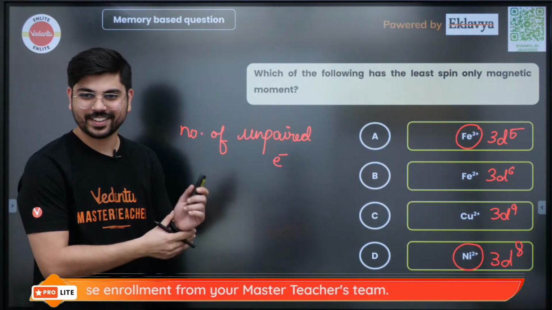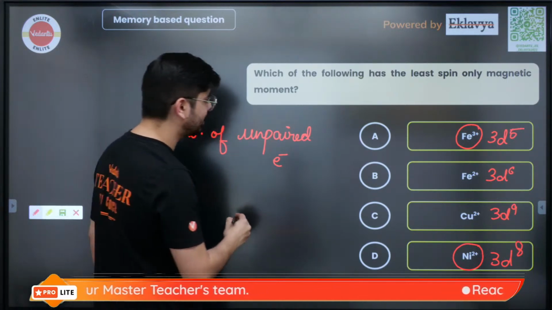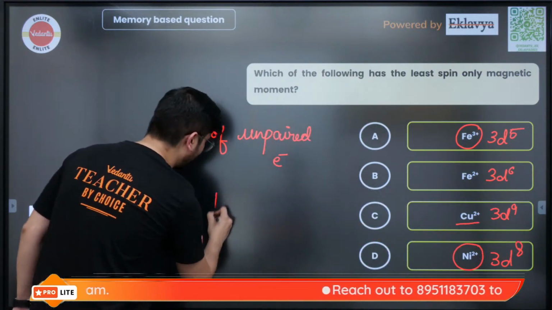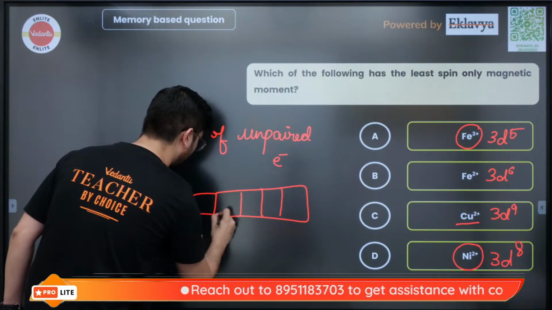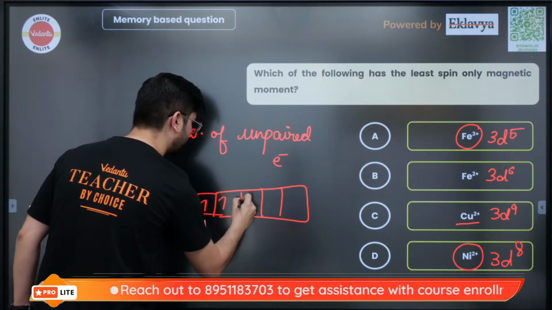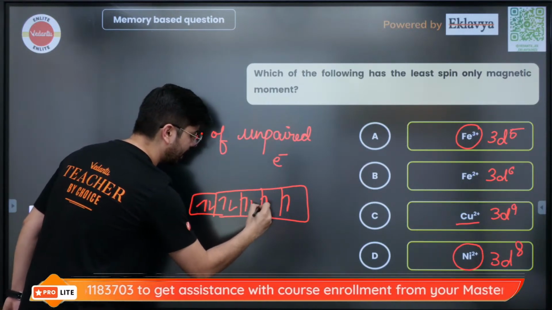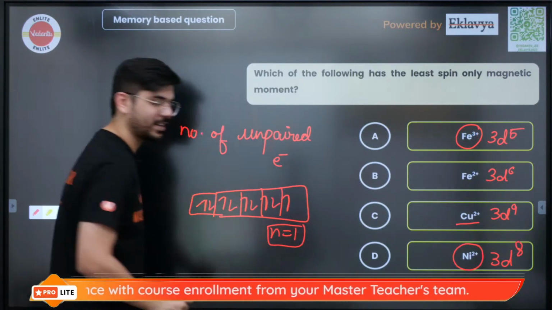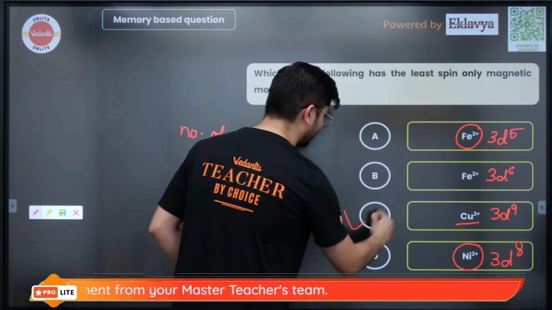What is the answer coming out to be? The answer comes out to be Cu+2, because if I fill 9 electrons, 1, 2, 3, 4, 5, 6, 7, 8, 9, the n value is just 1. The answer comes out to be option number C.